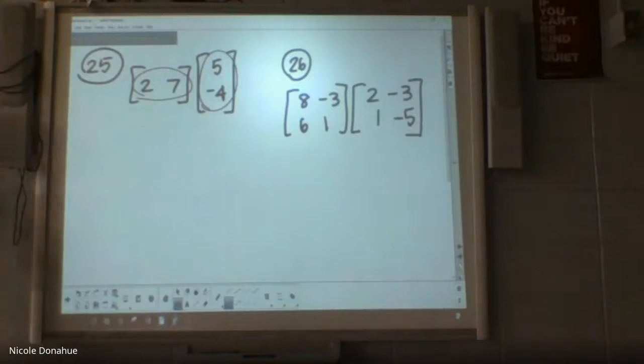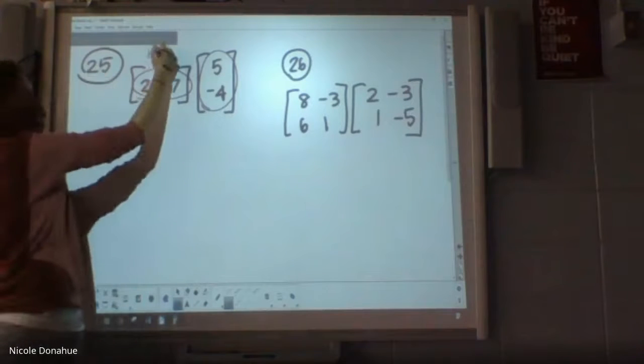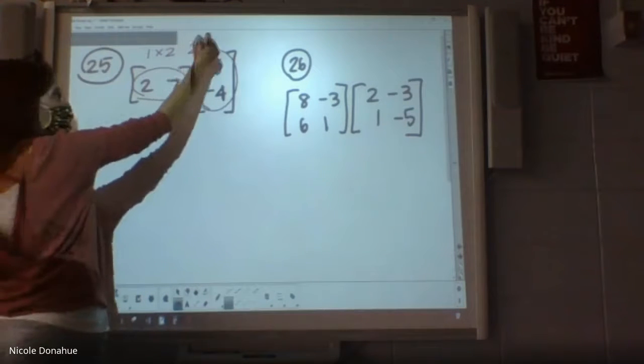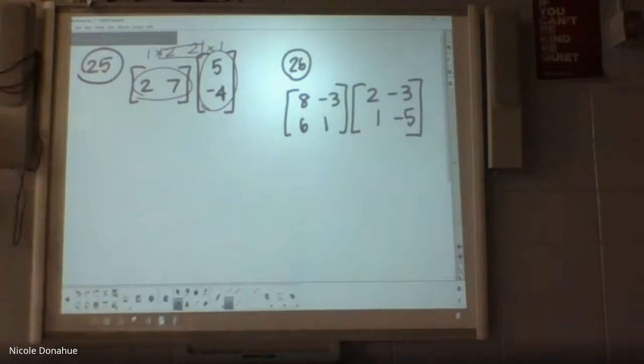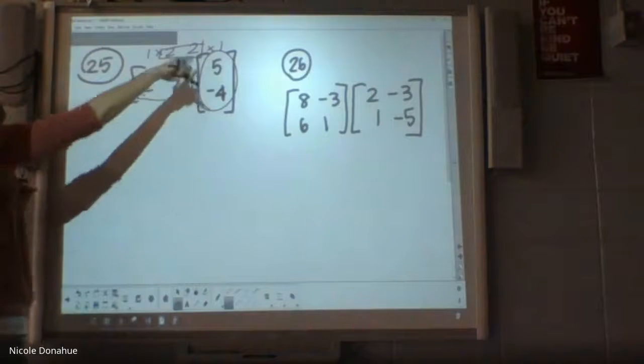So in this one, one of the things to be looking ahead at is this is one row by two columns, and then this is two rows by one column. So I know when I'm done, I have a one by one matrix, which is just a single number. Knowing that going into it helps you figure out the answer as well. So what I have to do is this row by this column.